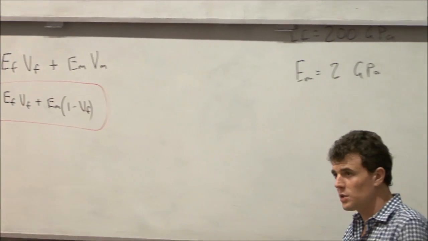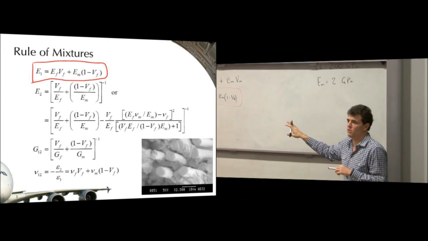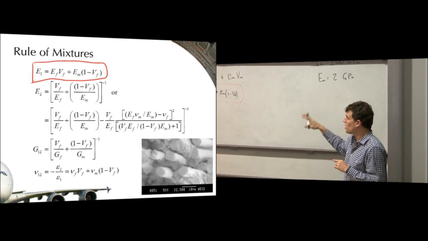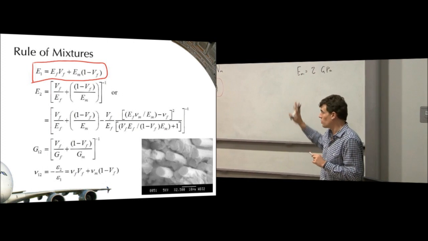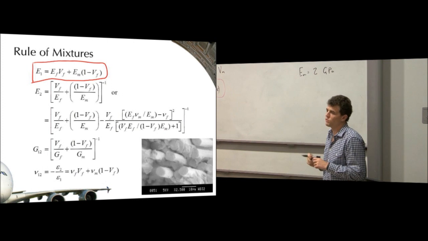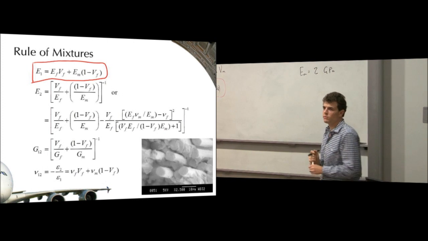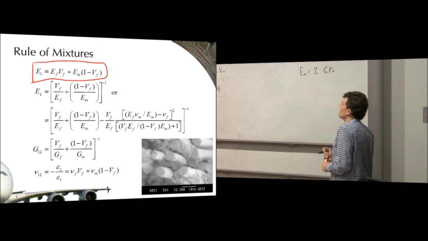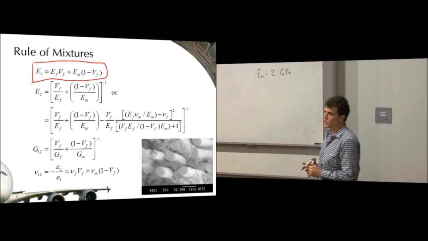And for a lot of simple design with composites, that's about as much as you need. We can build up a lot of the properties of the composite using just that. I will go through the other ones as well because they are important for some applications, but you can get a long way down the path using just that formula. Now, let's just think about this for a second.